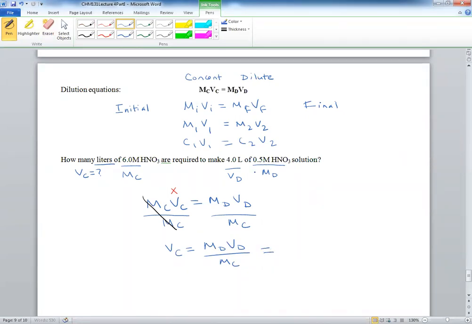All you have to do now is plug in. So M sub D is 0.5 times 4 liters divided by 6 molar. So you're multiplying, but again, the units cancel out.